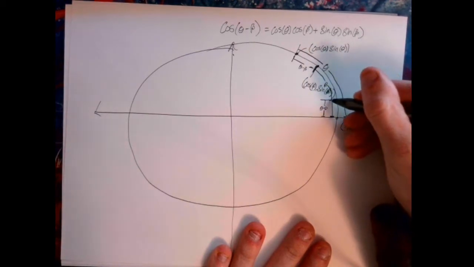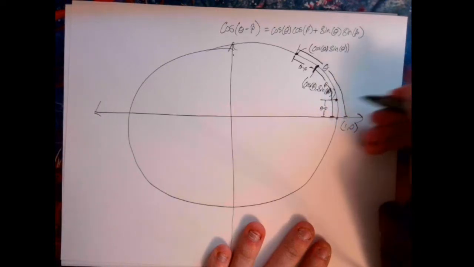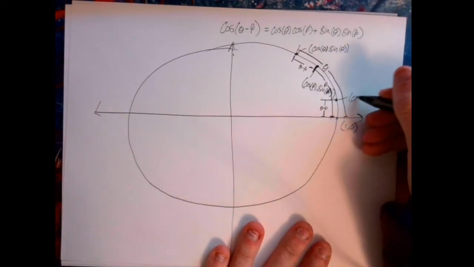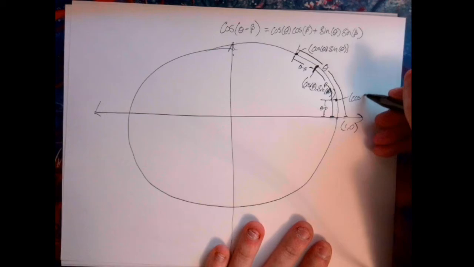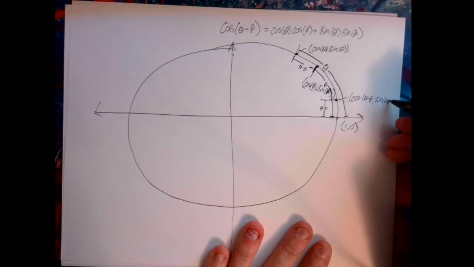Then this point here that would correspond to it, we could call (cosine of theta minus beta, sine of theta minus beta).